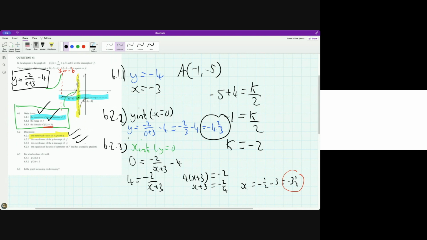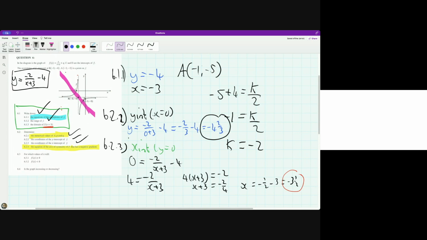Okay, now I'm going to skip 6.2.4 for now, but I will tell you how I would do it. Find the equation of the axis of symmetry that has a negative gradient. What they are referring to is the axis of symmetry, which would go like that. They want to know, can you find the equation of that straight line?